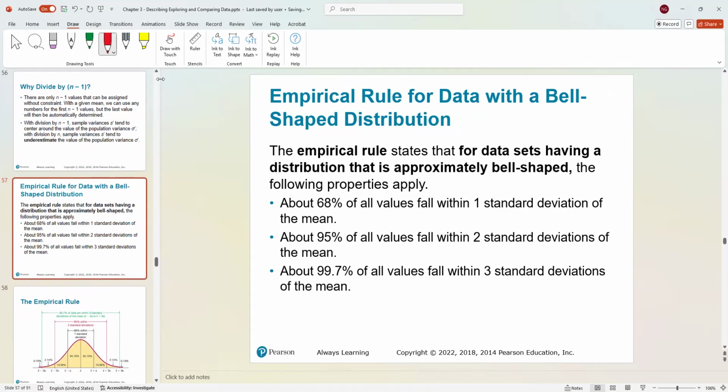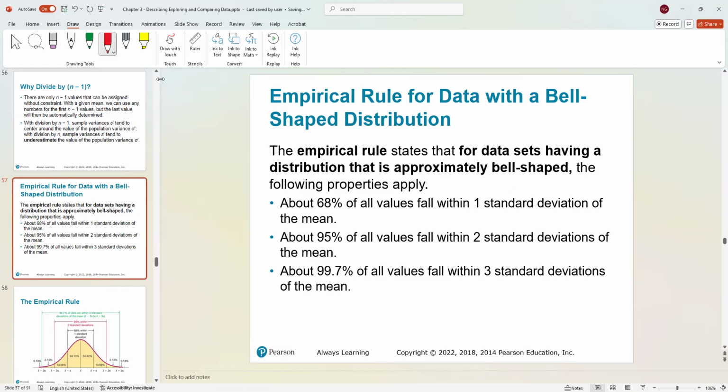Remember that? Now, the empirical rule is the same type of thing we were trying to explain on the first one. At this point, many real life data sets have distributions that are approximately symmetric or bell-shaped. For instance, the distributions of men's and women's height in the United States are approximately symmetric and bell-shaped, right?